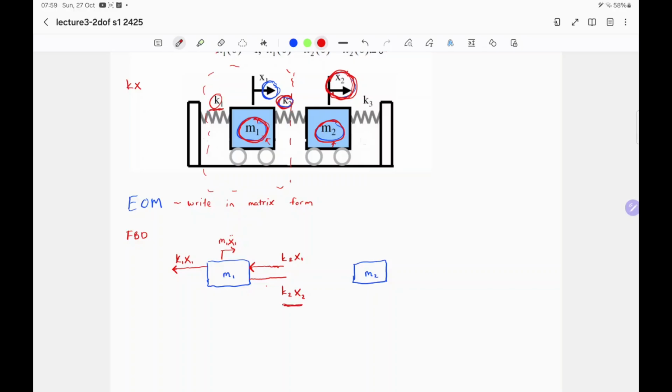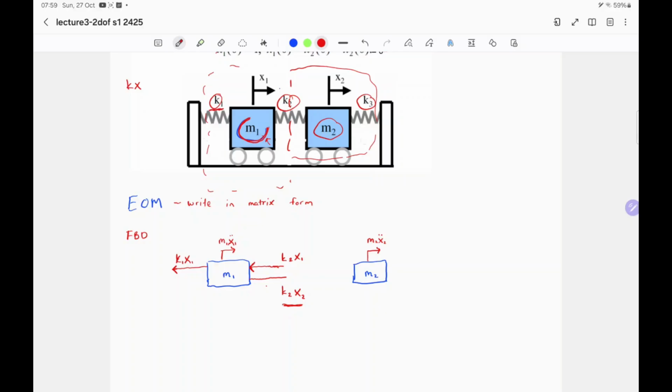Now let's move on to mass 2. For mass 2 we have K2 and K3. First we draw m2 x double dot 2.